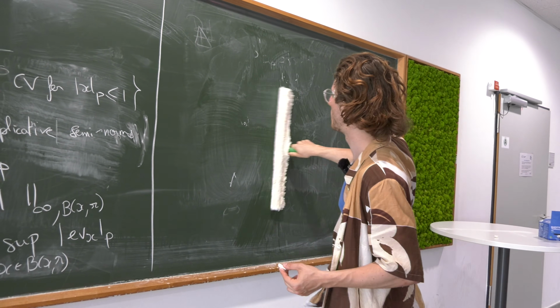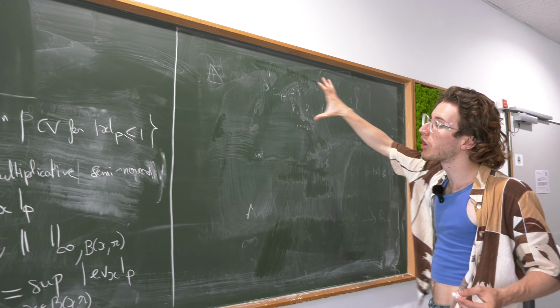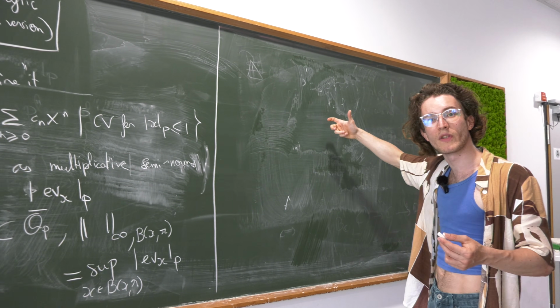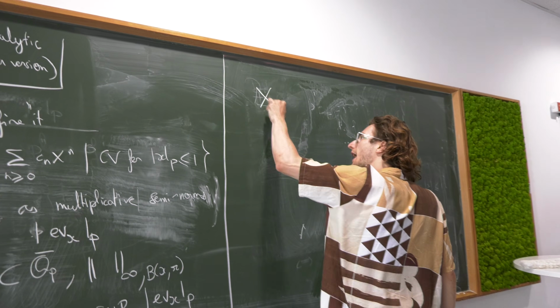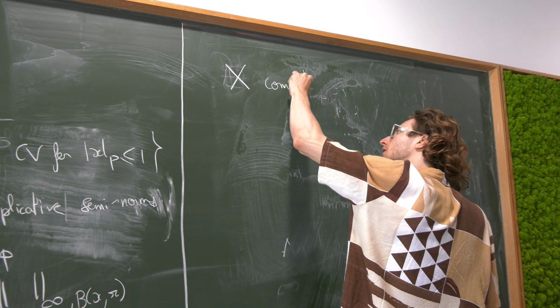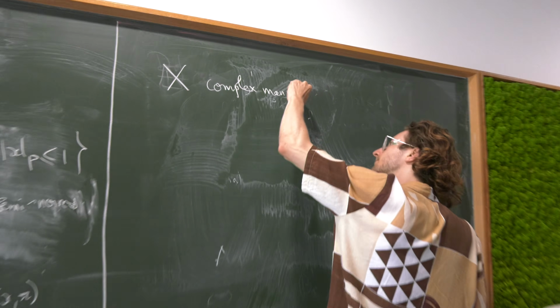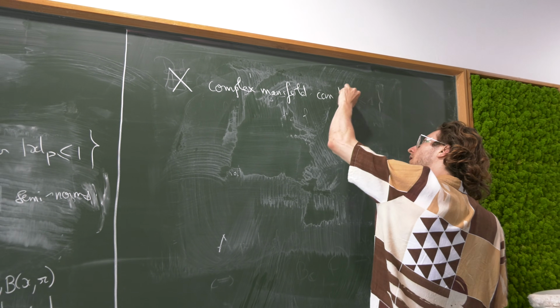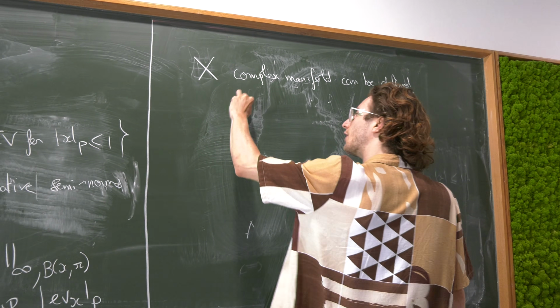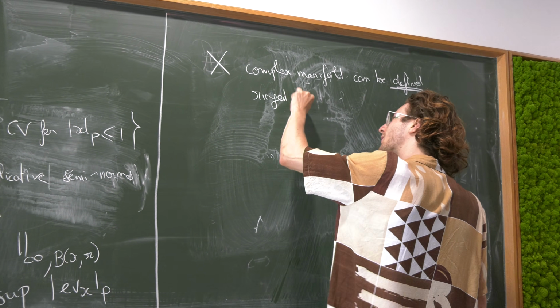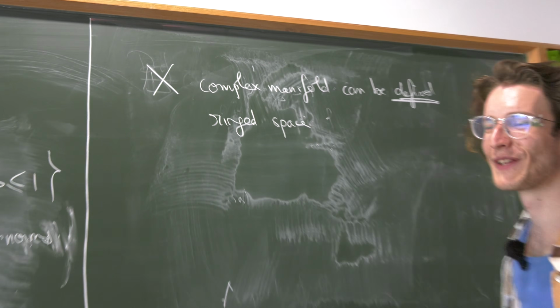Now I saw the closed ball as a ring with points and maybe some kind of topology. And I want to say that a complex manifold can be defined directly as a ringed space. So that's why it's getting more difficult.